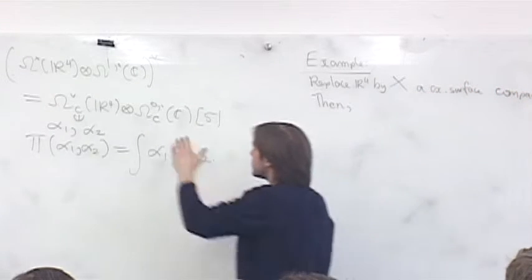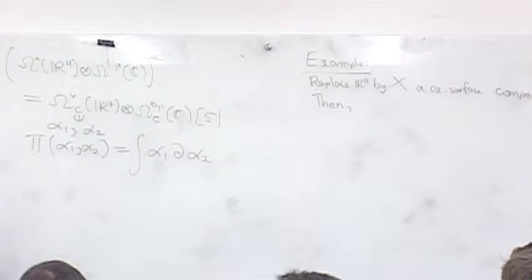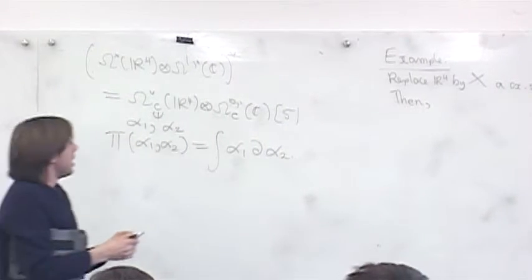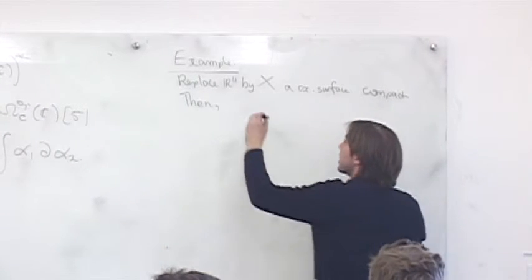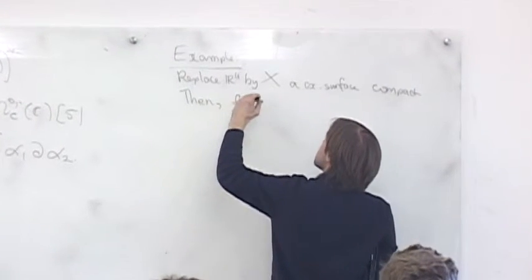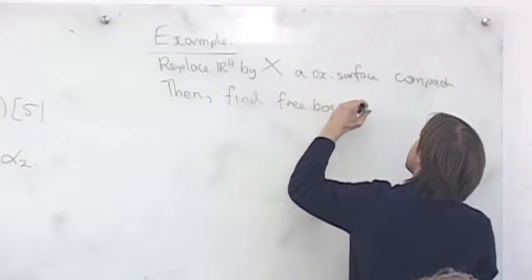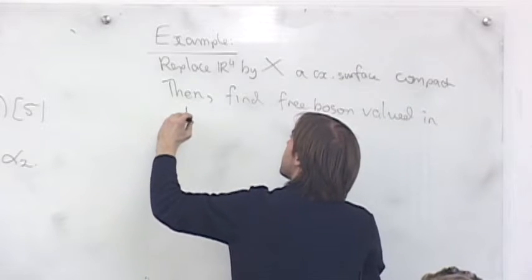Well, if we ignore the stuff coming from R4, what I've written down will be the Poisson structure describing the free boson valued in the cohomology of X.